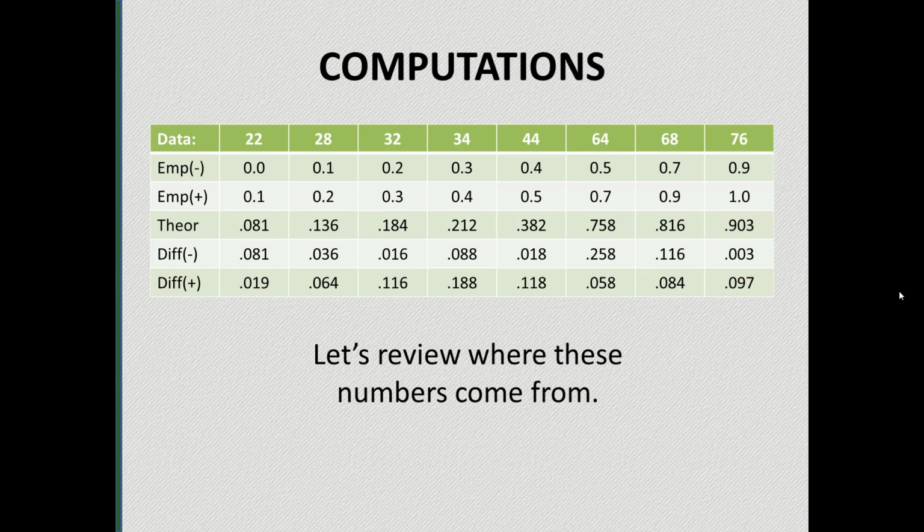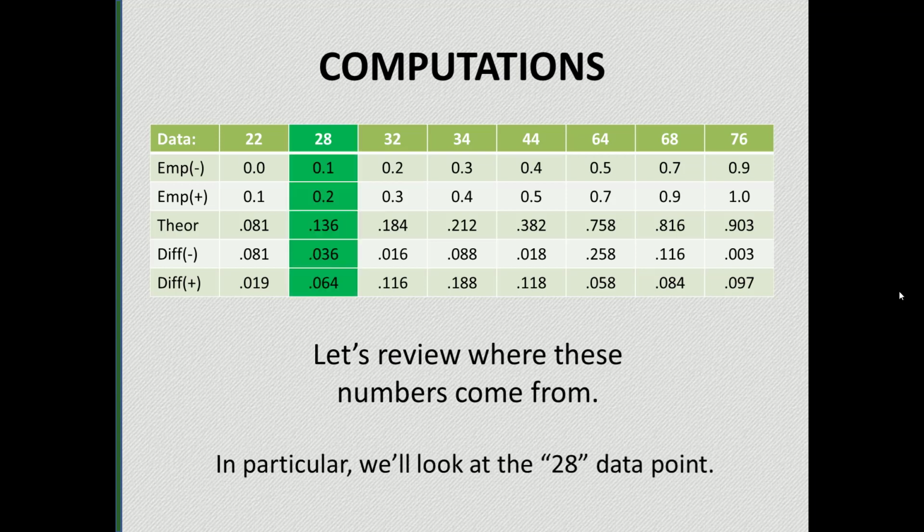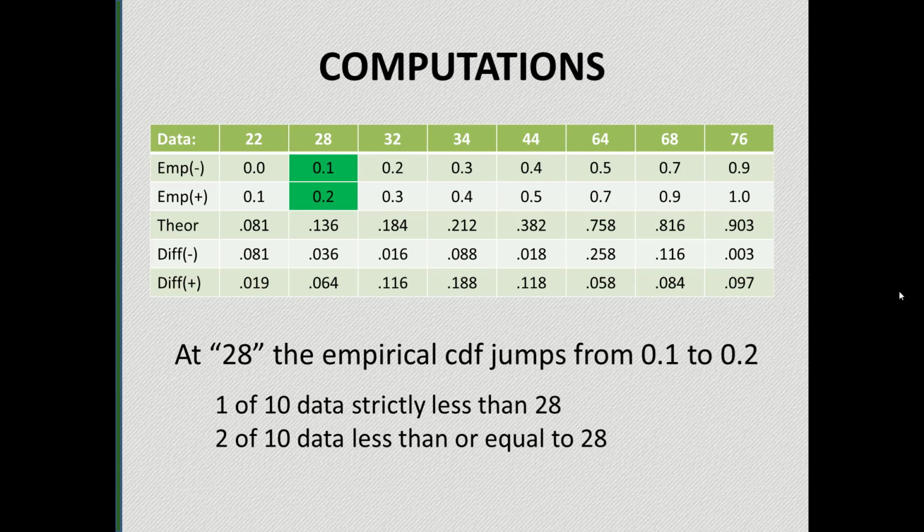Let's work through an example. In particular, we'll focus on the second data point, the number 28. At 28, the empirical CDF jumps from 0.1 to 0.2. 1 out of the 10 data are strictly less than 28, but 2 out of the 10 data are 28 or fewer.